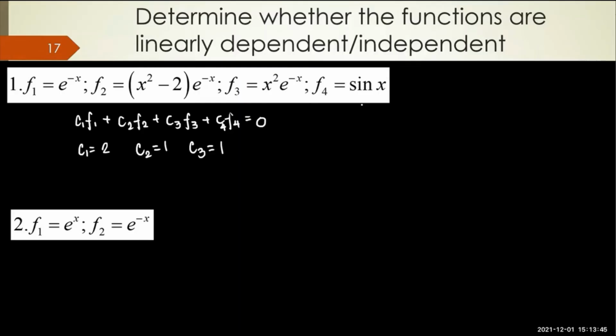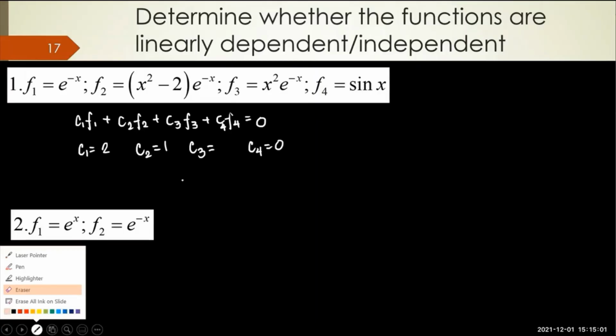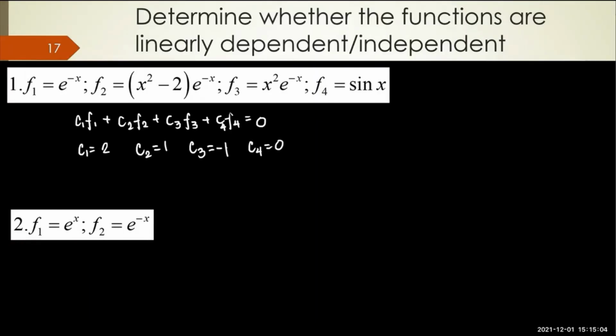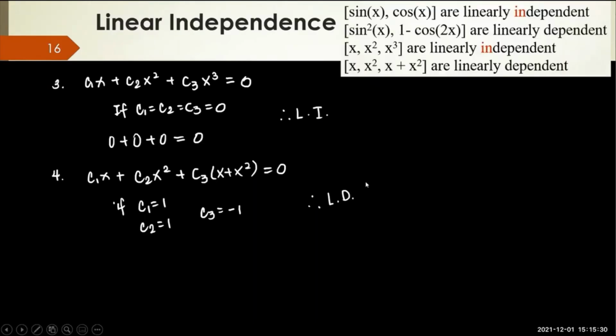But then you might ask, why is there a sign? Can I say that C4 is equal to 0? If this is the combination, will this hold true? This one, you're correct. It's negative 1. Will it hold true now? So isn't it that if there is 0, it's linear independence? Let's go back to the definitions.